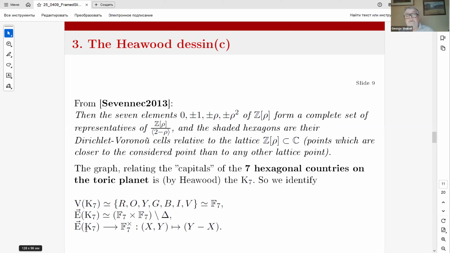And there is a very important mapping from it to the multiplicative group, just associating to the directed edge of our graph the difference that lies in the multiplicative group of the field.